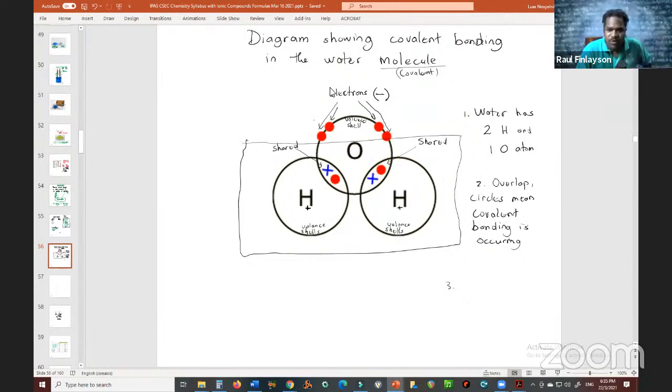So it functions as a negative part of the compound. Because we say it's unevenly shared, electrons are being shared, but not evenly. So they go over to one side more than the other. Everybody understand that?